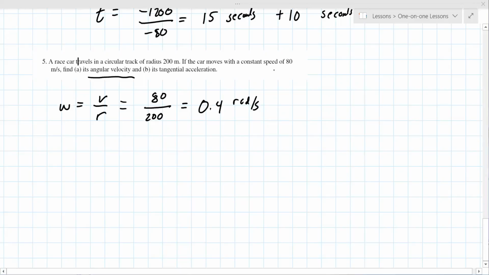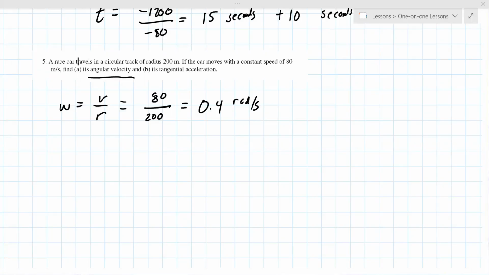A tangential. I'm drawing a blank here because I don't see any formulas for tangential acceleration.